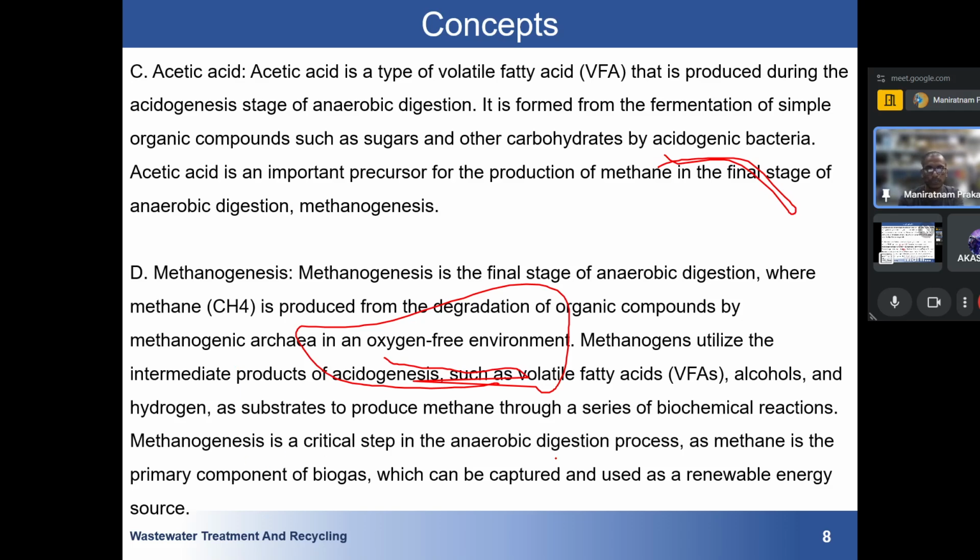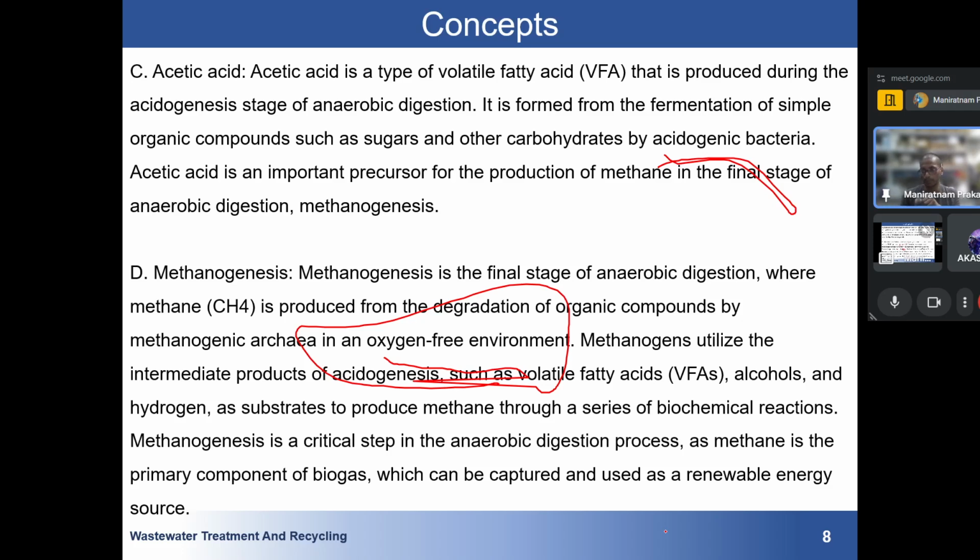Methanogenesis is a critical step in anaerobic digestion as methane is a primary component of biogas, which can be captured and used as renewable energy. The whole aim was to produce something useful from our wastewater. That's why this anaerobic digestion is done. At the end of the treatment we are getting this methane gas, which can be used as a source of energy.